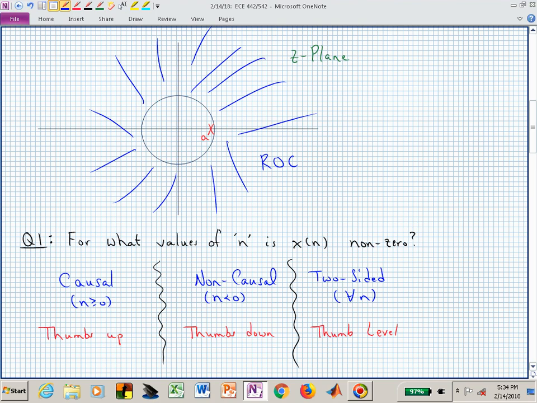So maybe you could, but I just want you to use one hand. And I want you to hold that hand close so that you can't see what everybody else is doing when I give you the go. Are we ready to vote? Or show me the sign? So now, for what values of n is x of n non-zero? 3 different options. 1, 2, 3.